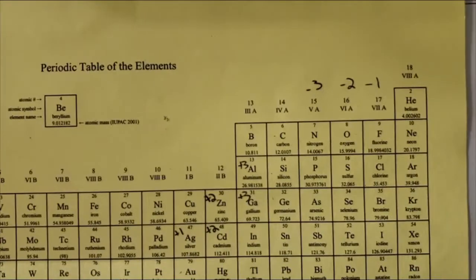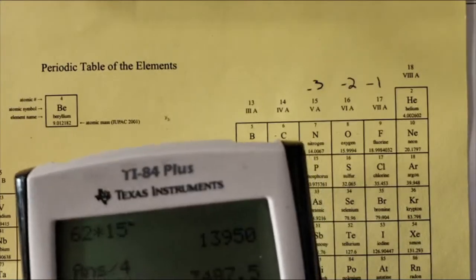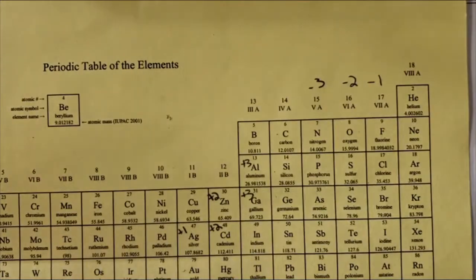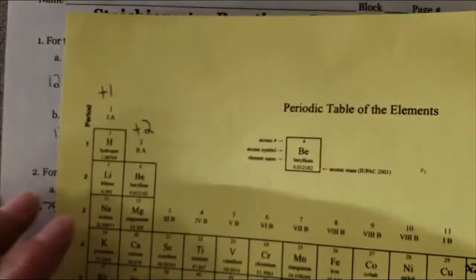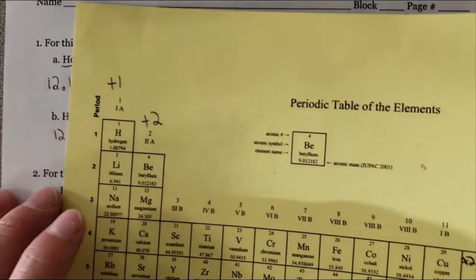So if we look really closely there, nitrogen is going to have a mass of 14.01. So if we have 1 nitrogen, we've got 14.01 plus 3 hydrogen. So now we need to look at hydrogen here. So it's 1.01 if we round it to 2 decimal places.